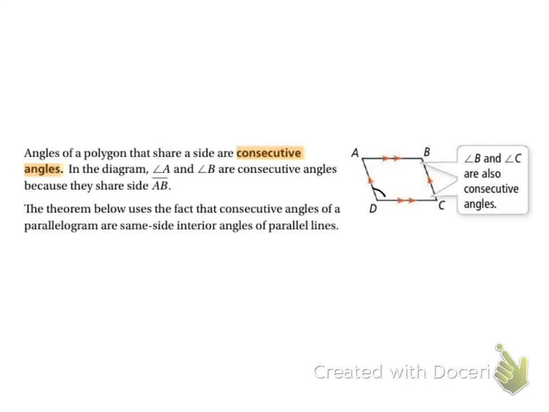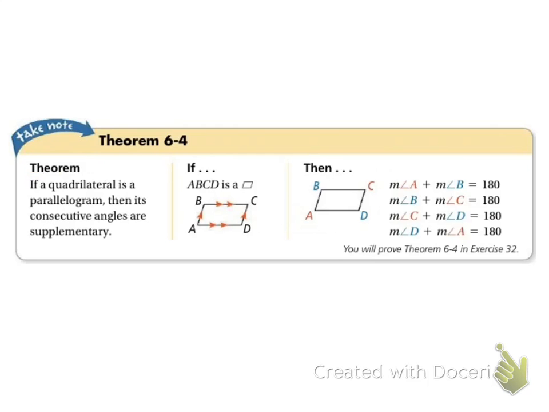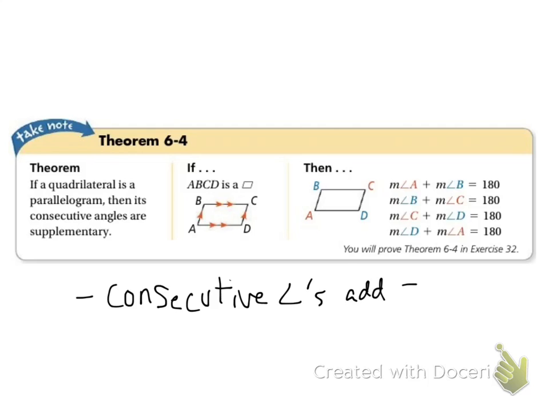And D and A are consecutive angles, and A and B are consecutive angles. And Theorem 6.4 tells us that consecutive angles add up to 180. So you can add that to your list.